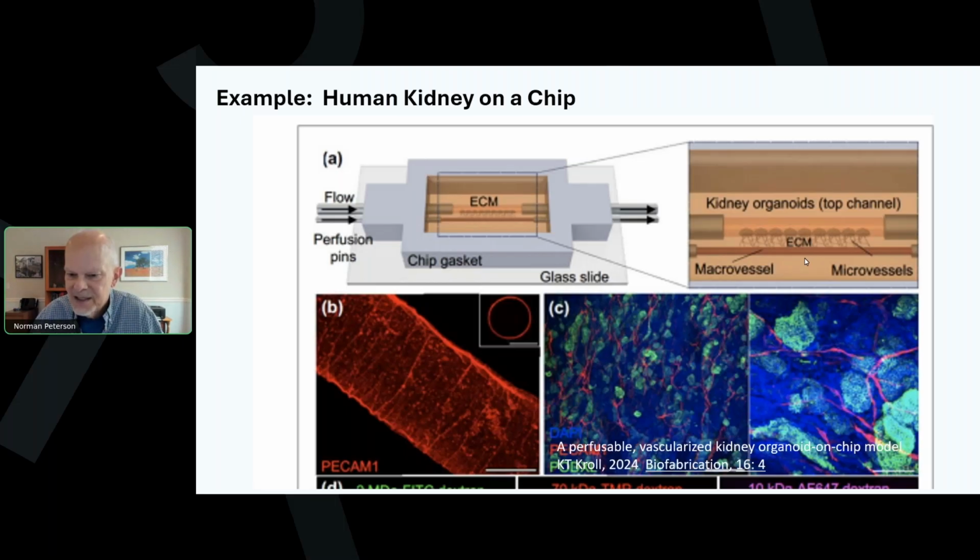And what they wanted to demonstrate is that from this major blood vessel, the endothelial cells would then migrate up to the organoids and infiltrate them, much as you would see in a kidney. And they demonstrated through these microvessels, using fluorescent dyes, that the organoids were permeated by these cells. So that's one type of organ on a chip.